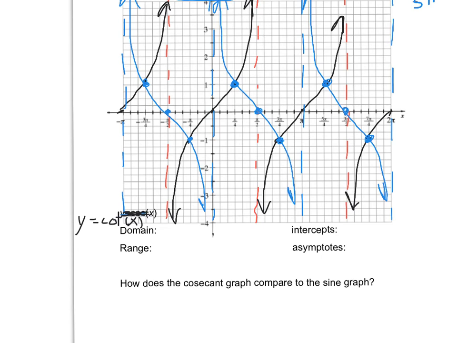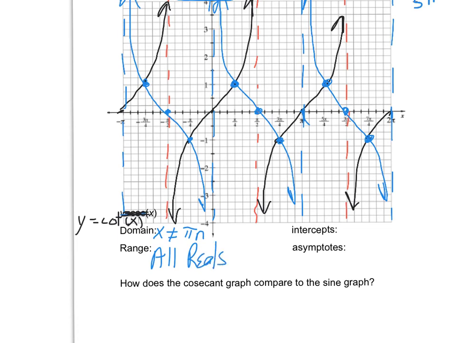So x cannot equal 0, pi, 2 pi. That's called pi times n. My range, well, it keeps going up and down continuously, so that's going to be all reals.